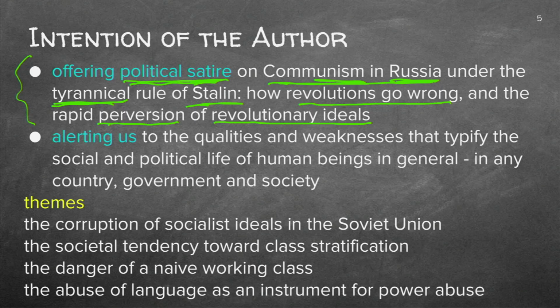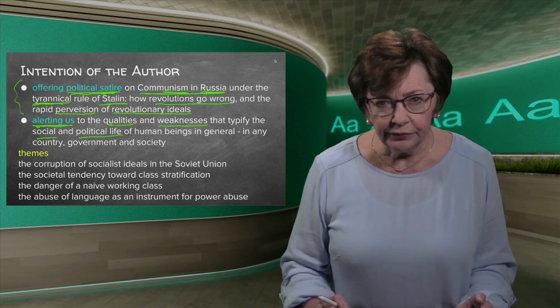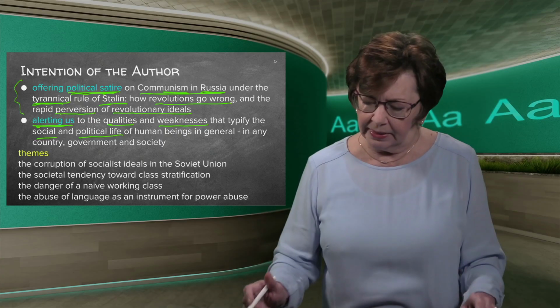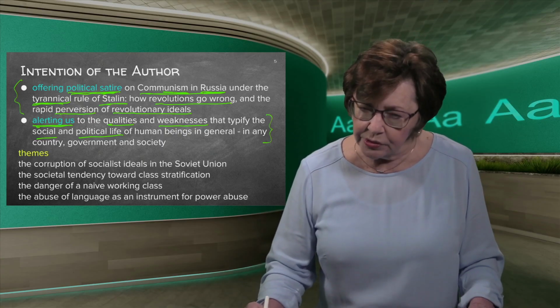The other intention is alerting us. Now, how do we know that? We actually read that between the lines, and I'll explain later. He also wanted to alert us to the qualities and the weaknesses that typify social and political life of human beings in general. Note, therefore, that it's not only this political allegory, it is a universal story.